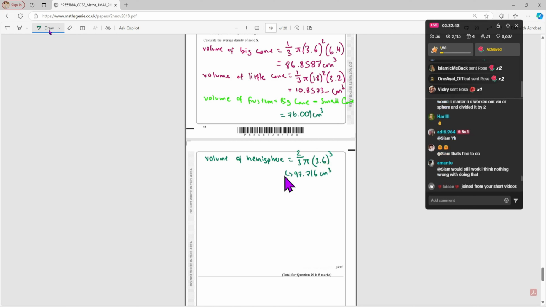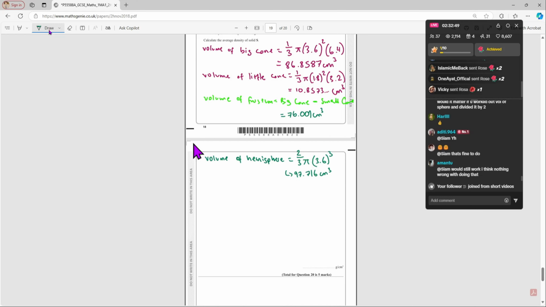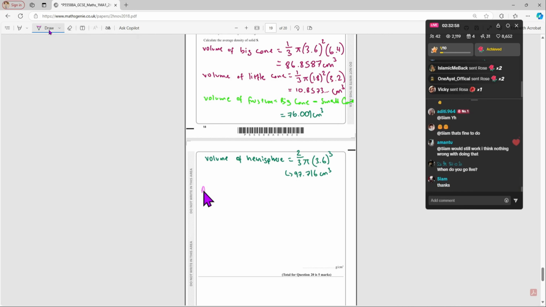And now to work out the average density, because that is our actual question. So let's do the average density. We know that density is equal to mass divided by volume.